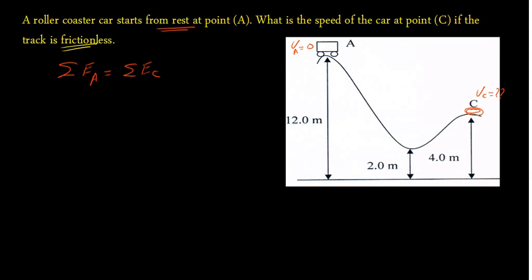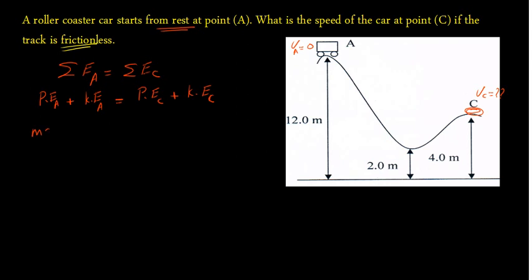So for position A, I will have the potential energy at A plus the kinetic energy at A, which equals the potential energy at C plus the kinetic energy at C. What is the potential energy at A?